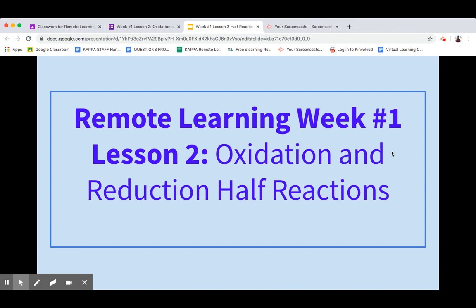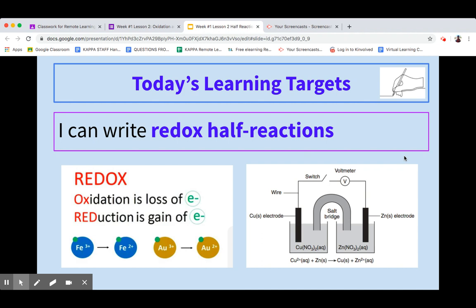And if you recall, in ionic and covalent bonding, what did those two have in common? Ionic and covalent bonding both involved electrons. And as we continue in Unit 4, oxidation and reduction also includes electrons. So electrons are super important when elements are bonding together and chemical reactions are happening.